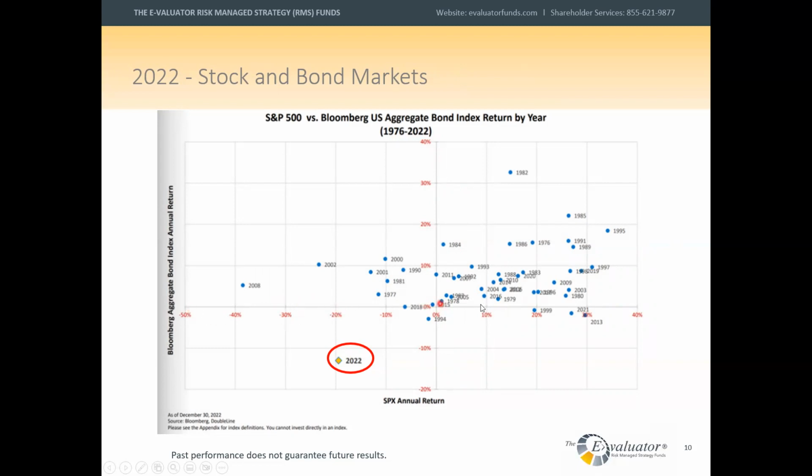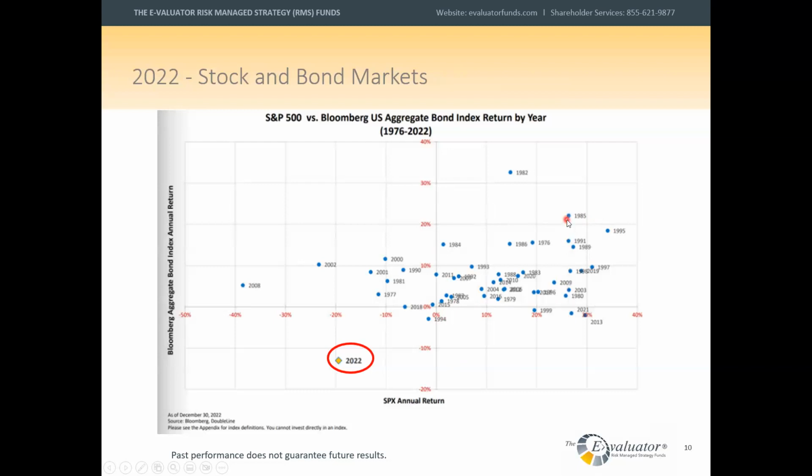Bonds are represented by the horizontal line. So if you go up above horizontal, it means that the bonds posted positive for the year. Below horizontal would indicate bonds posted losses. So if you look over here at 1985, you can see that from left to right, it's past 25%.